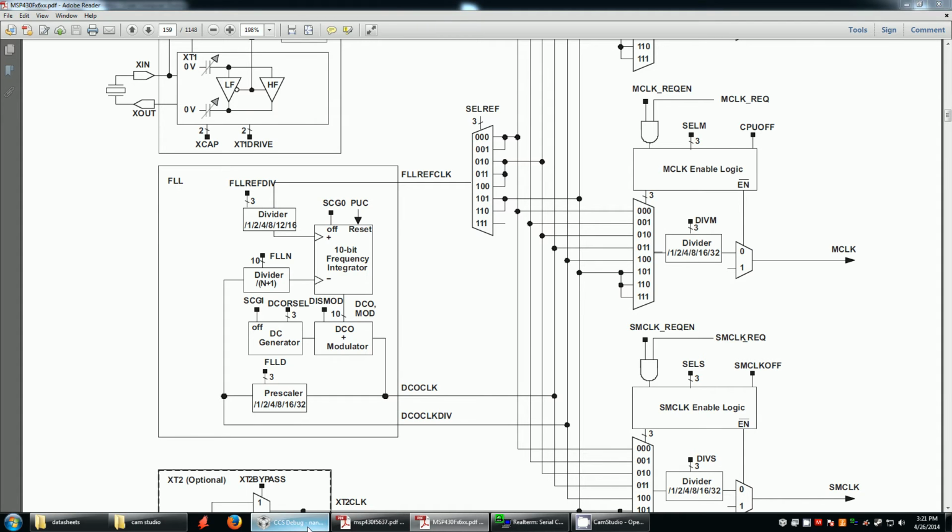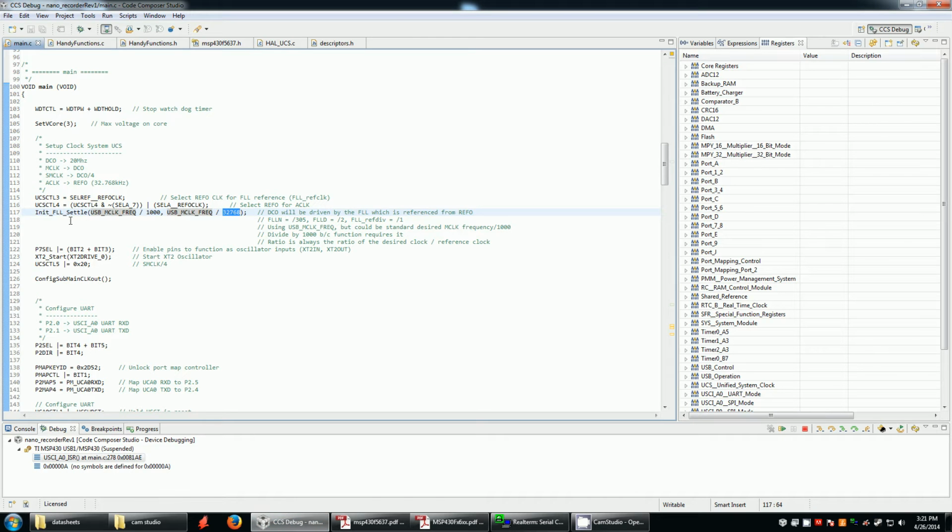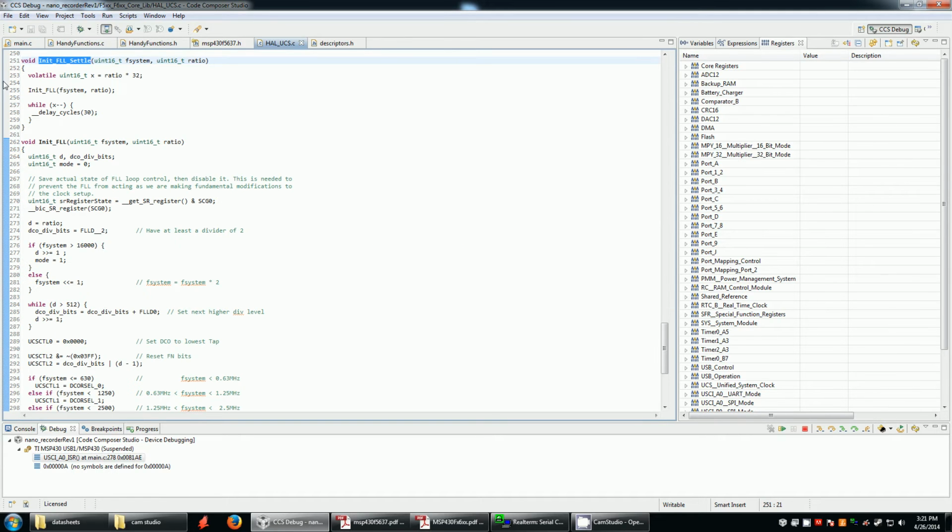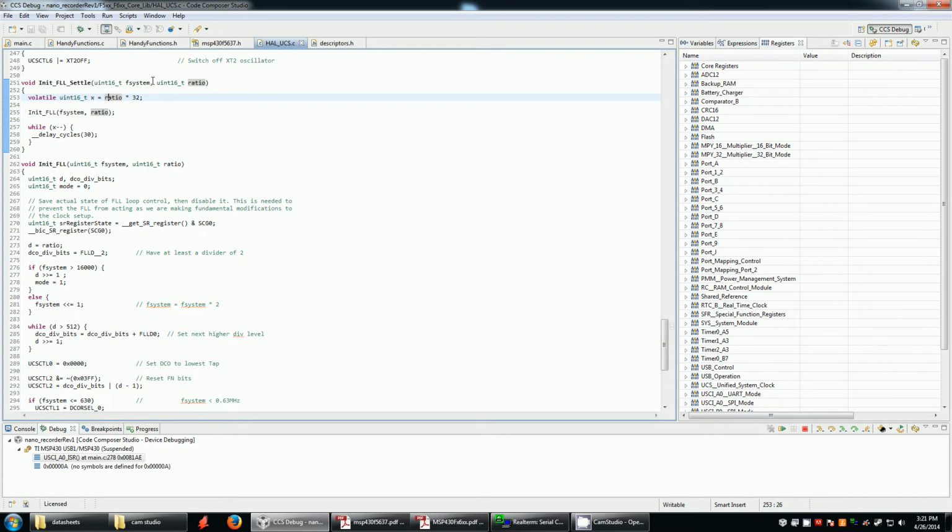So we'll get into this code and finish up this video. So again, control click, and if you look at this, it has the real functions here. This is just to take care of a delay. So you've got your frequency of your system that you want, which is 20 megahertz. Divide that by 1,000, that's what this number is.